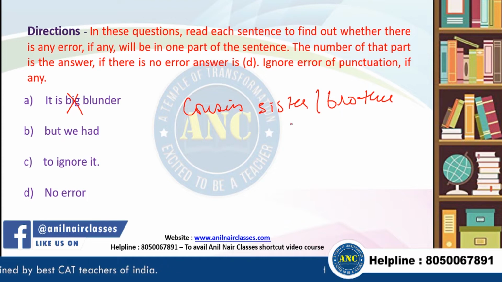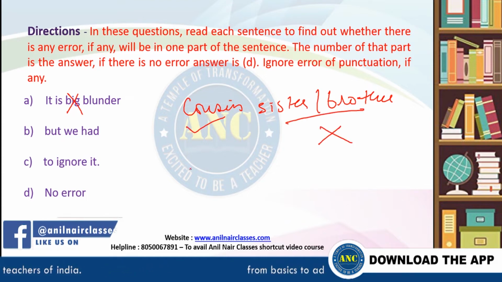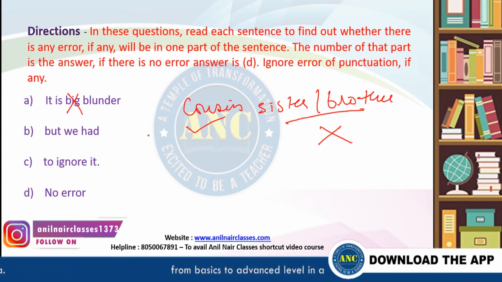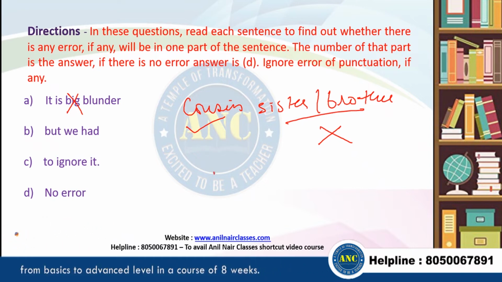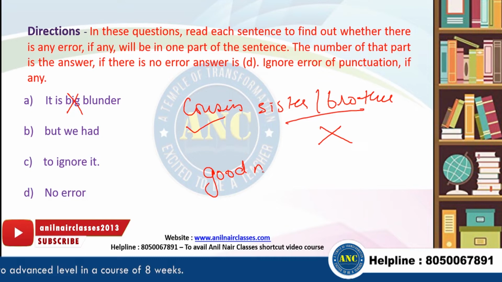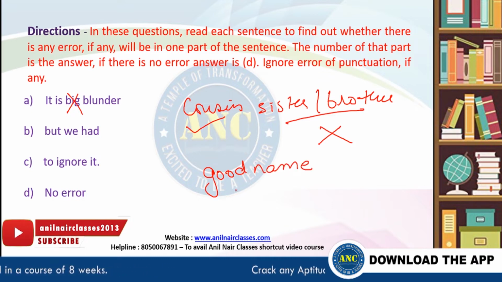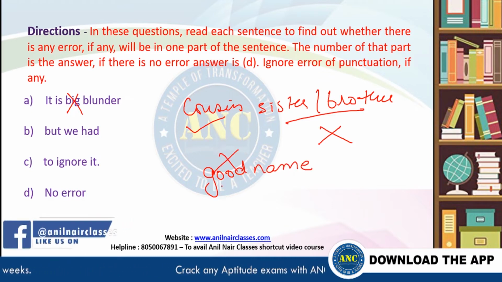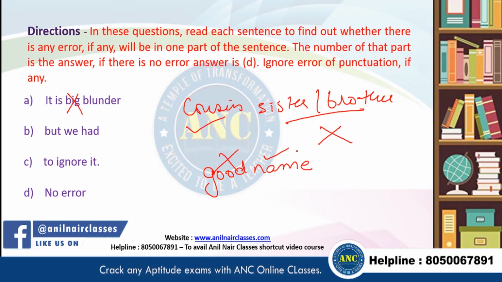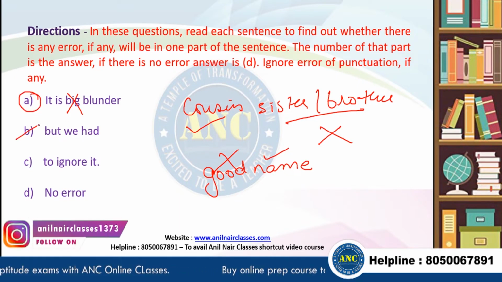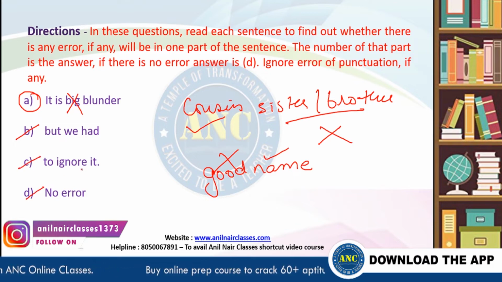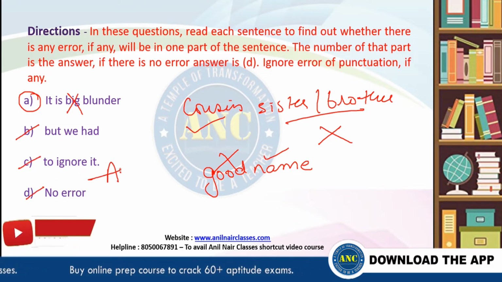What I told, brother, sister not needed. Only cousin is okay. No big blunder, no small blunder. Blunder is blunder. We also discussed about good name. Name is name. Everybody's name is good only. Right? We don't need good over there. Only name is sufficient. So we know it's clear cut. This is the error. We can get rid of B, C and D. So your right answer is A.